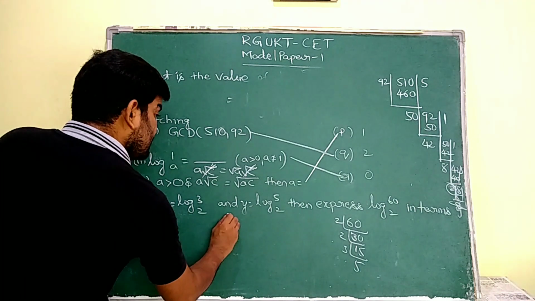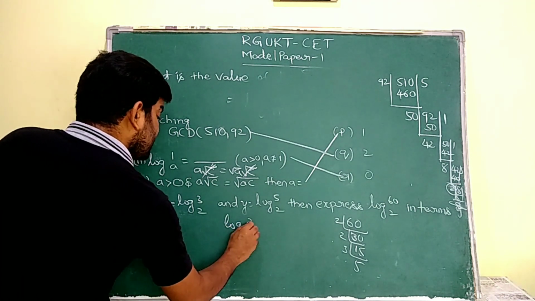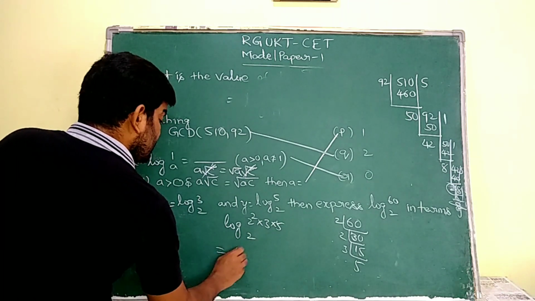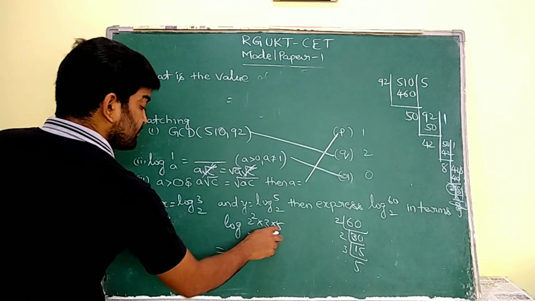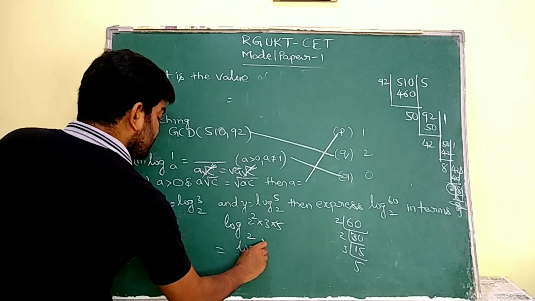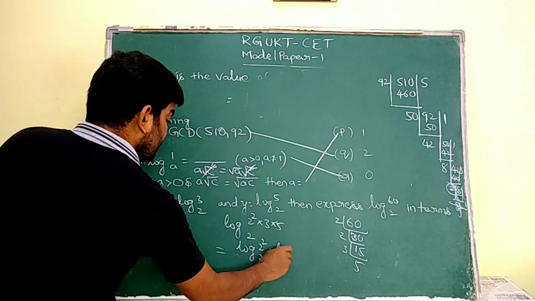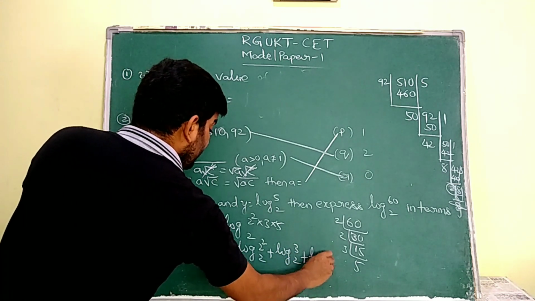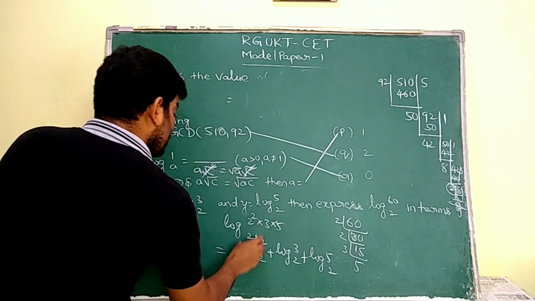That means log 60 base 2 can be expressed as log of 2 square into 3 into 5 base 2. So this is log A into B into C. So I am going to write this as log 2 square base 2 plus log 3 base 2 plus log 5 base 2.